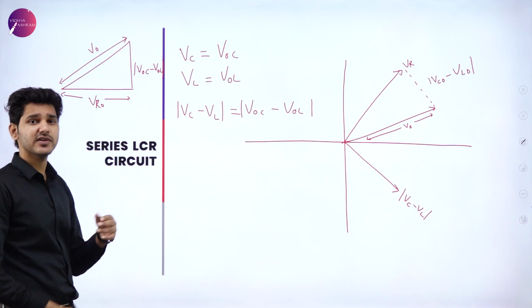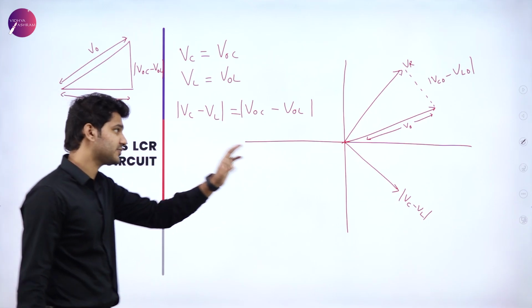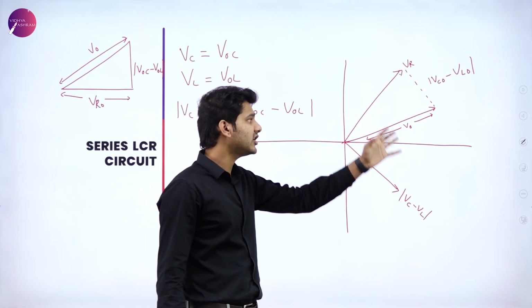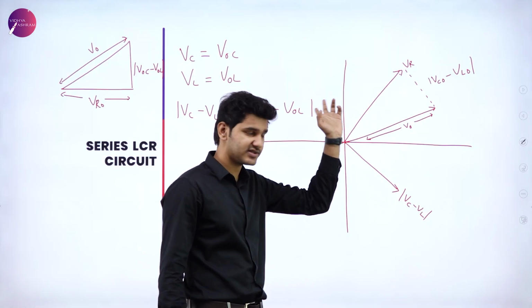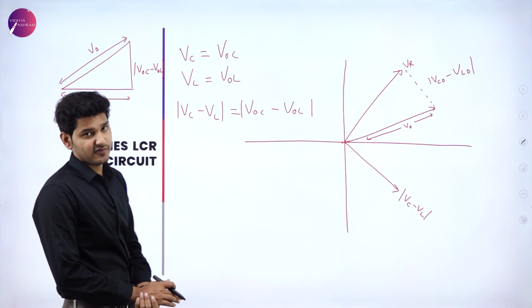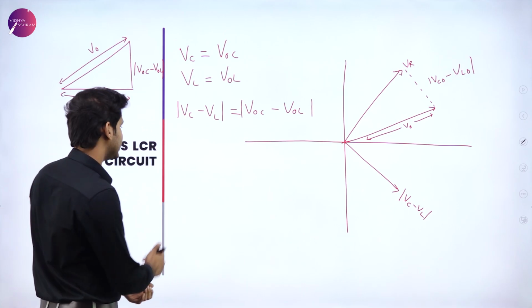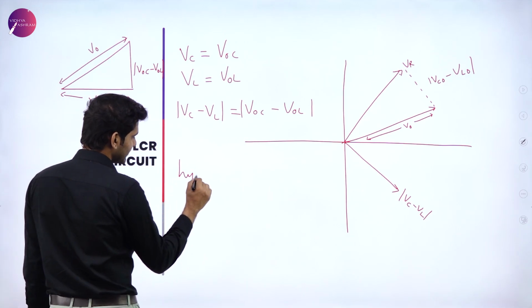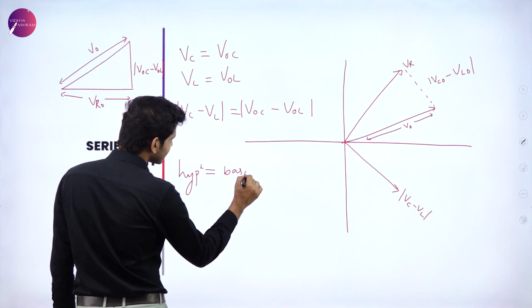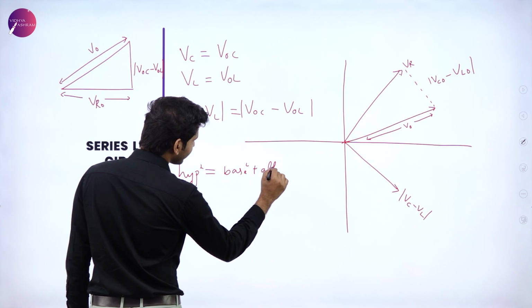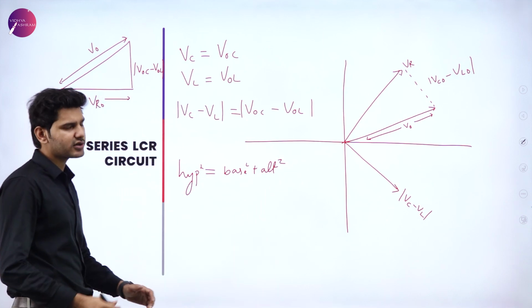Now it's very simple. We apply Pythagorean theorem to this particular triangle. So we know that we want to find V naught. We know what is the altitude and we know what is the base. So again, we apply Pythagorean theorem, which states that hypotenuse square is equal to base square plus altitude square.